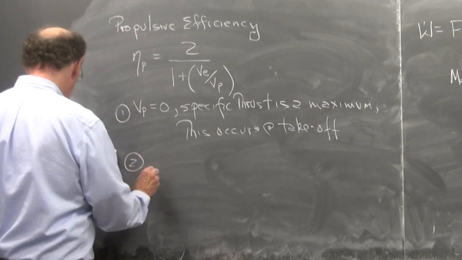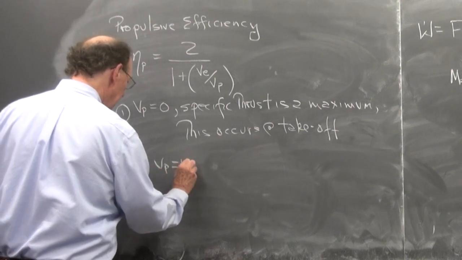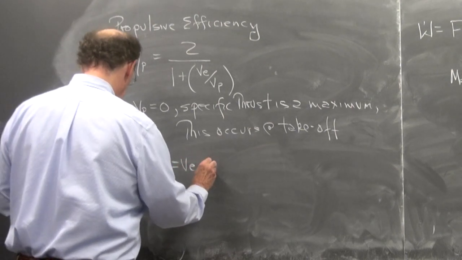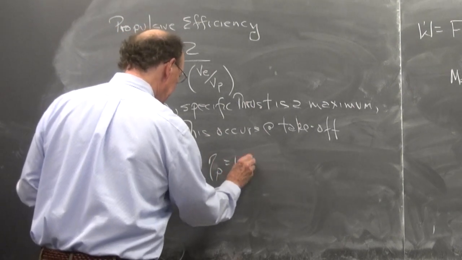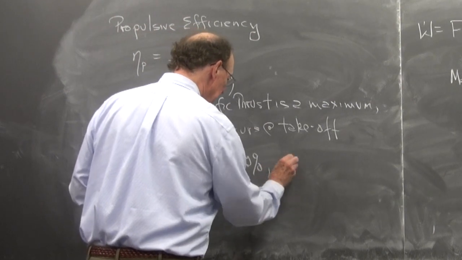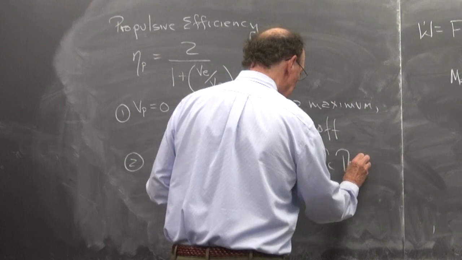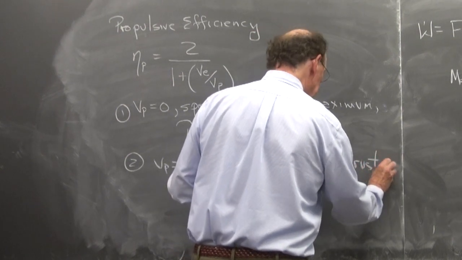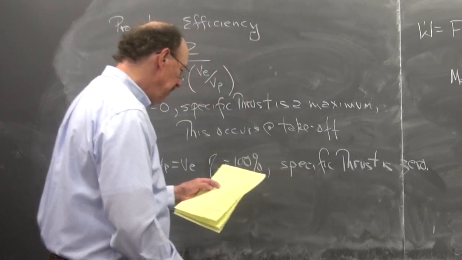Second thing, when v sub p equals v sub e, eta sub p is equal to 100%, but the specific thrust is 0. That's not cool.